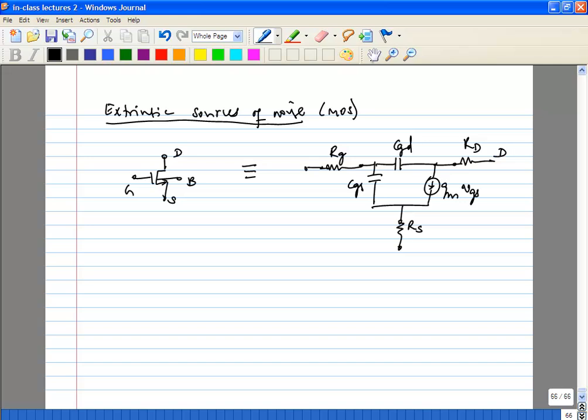So you could have series resistances due to either design or layout. Okay, you have your bulk, and you could have a resistance from the bulk to the ground.